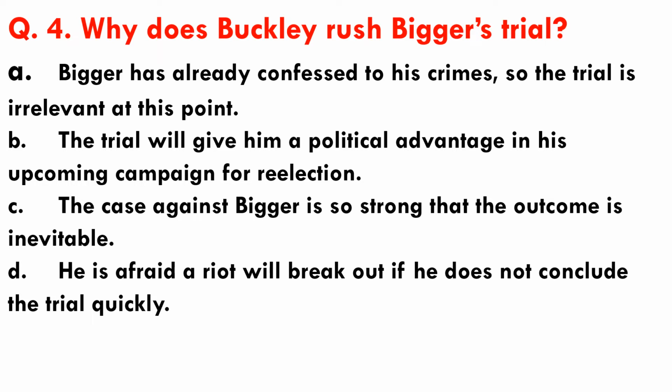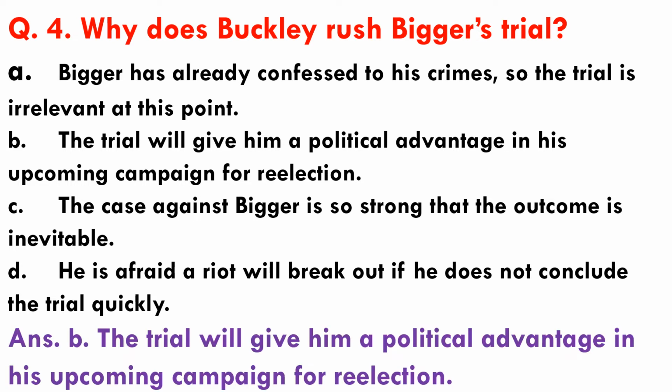C. The case against Bigger is so strong that the outcome is inevitable. And D. He is afraid a riot will break out if he does not conclude the trial quickly. So Buckley rushes Bigger's trial because the trial will give him a political advantage in his upcoming campaign for re-election. So the correct answer is option B.